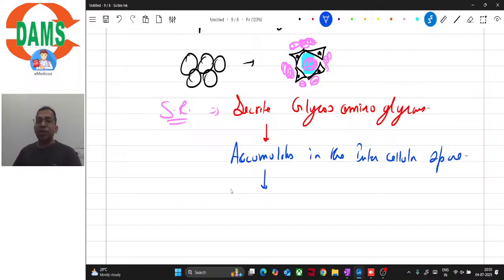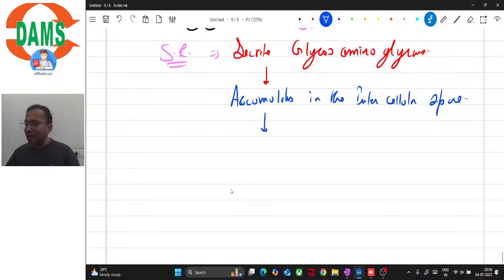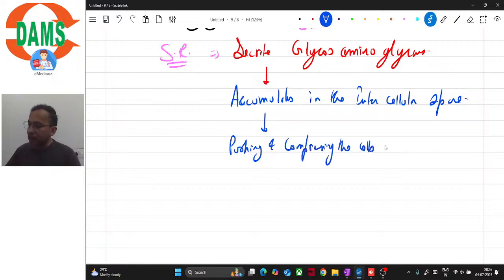Its accumulation is what pushes and compresses these cells, and that is why they appear angular.